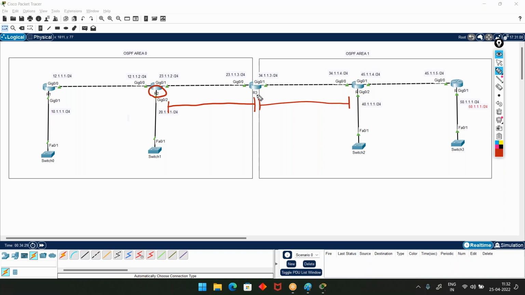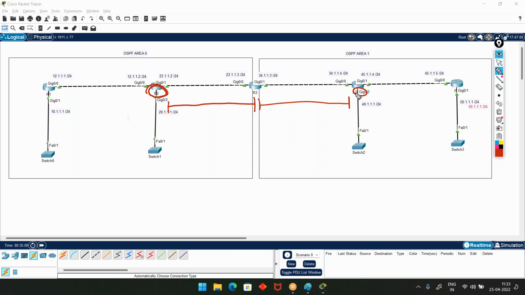So R3 will form the neighborship with the R2 router as well as the R4 router. That's why in the neighbor table only R2's and R4's information is shown.